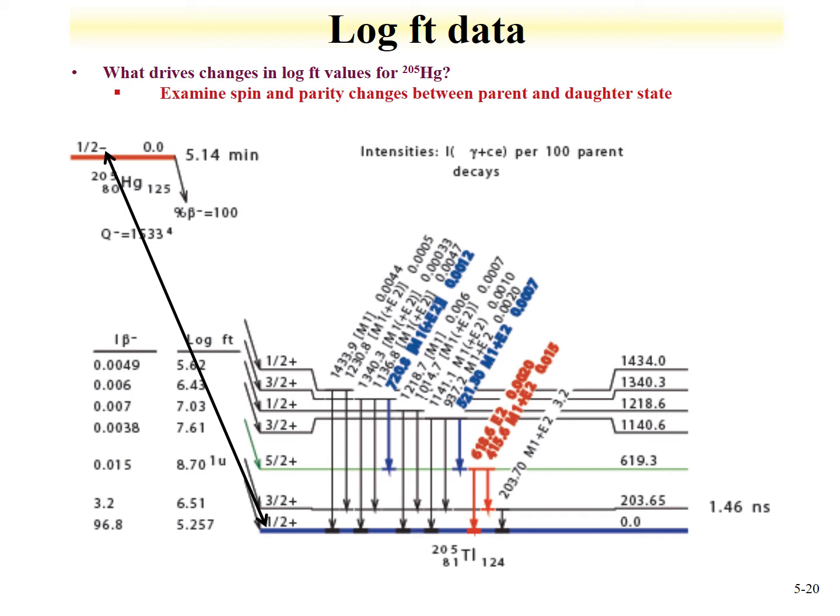If we were to try to go from a 1/2 minus to a 5/2 plus state, we have the highest log Ft value, and that's driven by this overall change in spin. We could go from this 1/2 minus to this 1/2 plus state. However, the energy transition is not the greatest. If we could have the same spin and parity, often the decay will be favored for the larger energy transition.